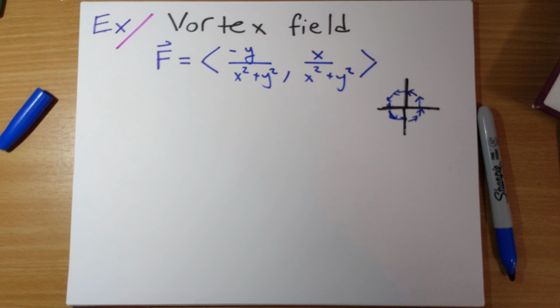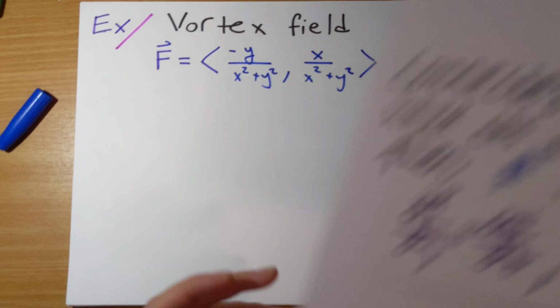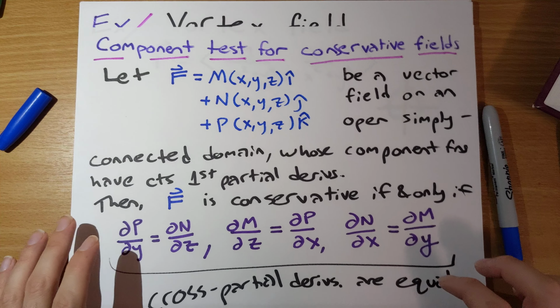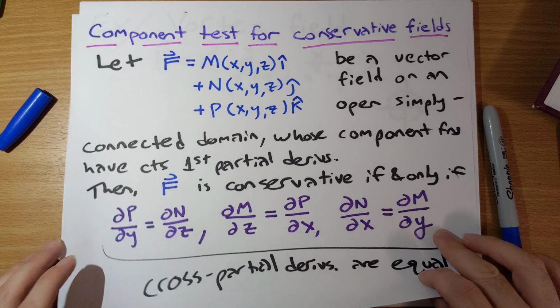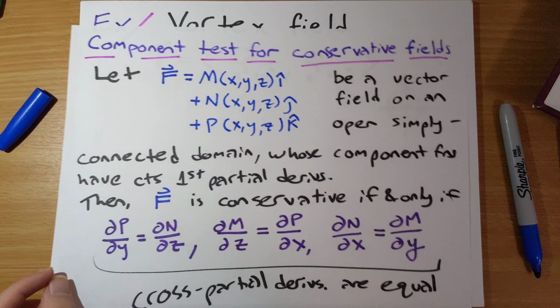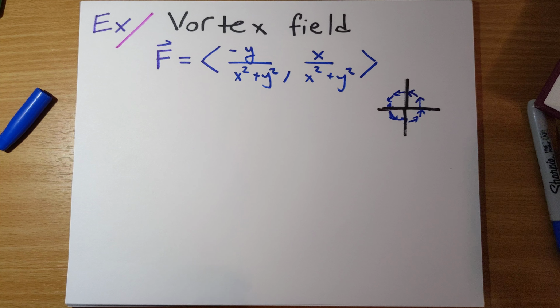Okay, so let's see here. I want to do the following. Quick question here: is this passing? I want to take a look at this with the component test for conservative vector fields. Does this pass the component test? This is written out for functions of 3 variables. This is a vector field in 2 variables.